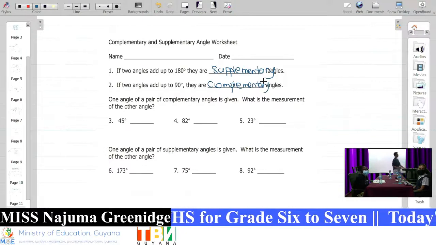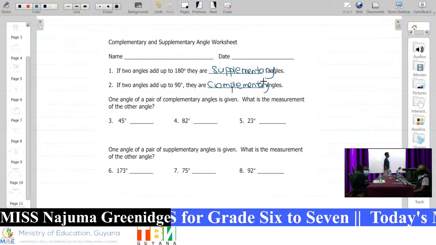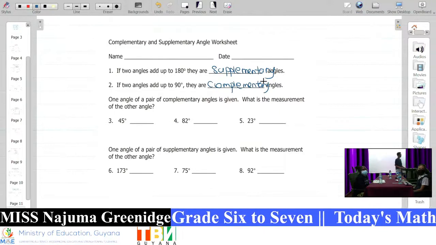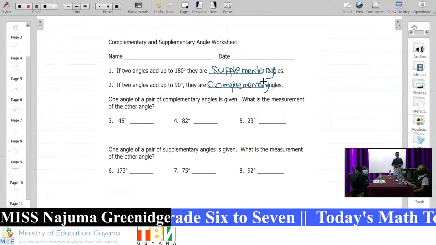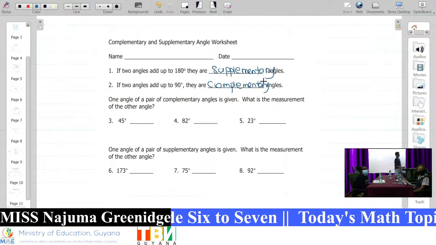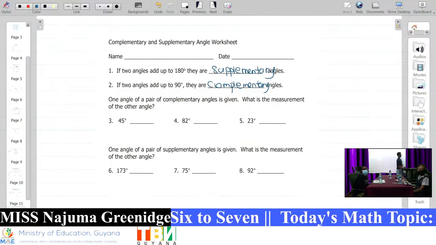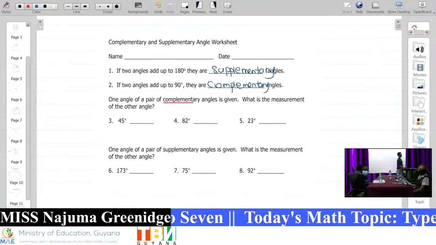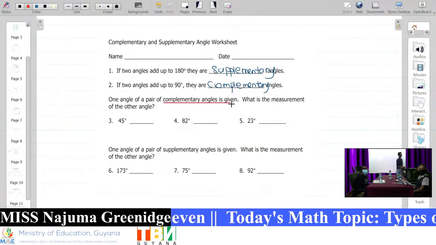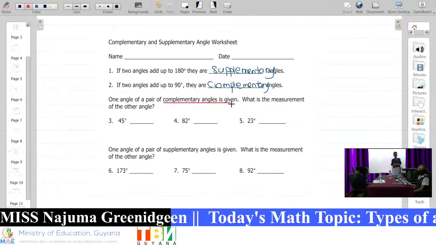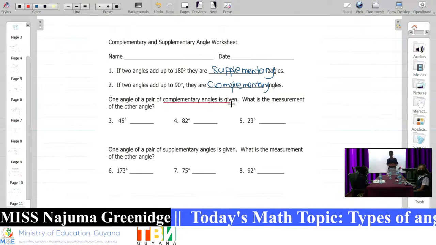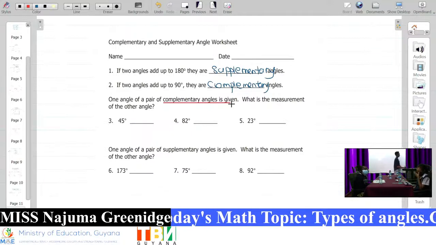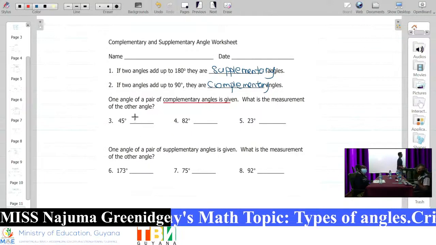So one angle of a pair of complementary angles is given. What is the measurement of the other angle? What's the key word here? Complementary. And so if you know one, you'll know the other. If one is 45, the other one is going to be 45. Great, she did that mentally.